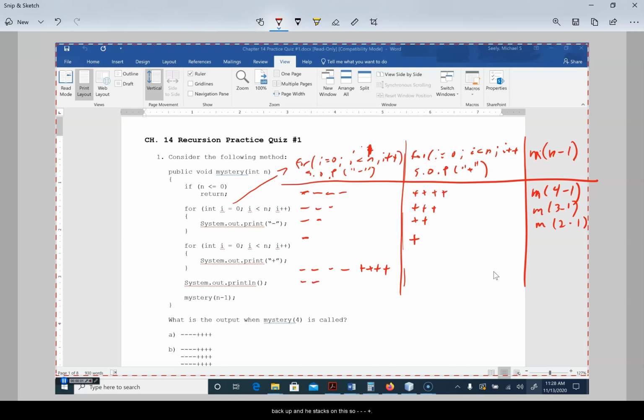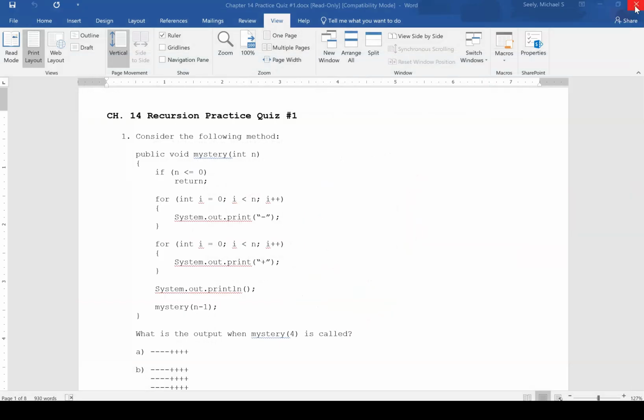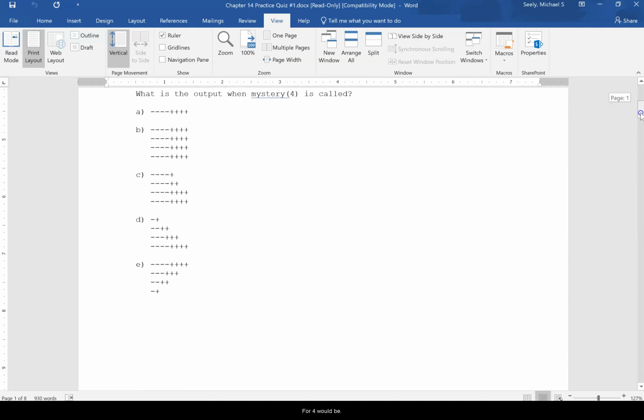So dash, dash, dash, dash, plus, plus, plus, plus, and then dash, dash, dash, plus, plus, plus, then dash, dash, plus, plus, then dash, plus. It's just these being added in, so it ended up looking like that. So your answer for 4 would be E.